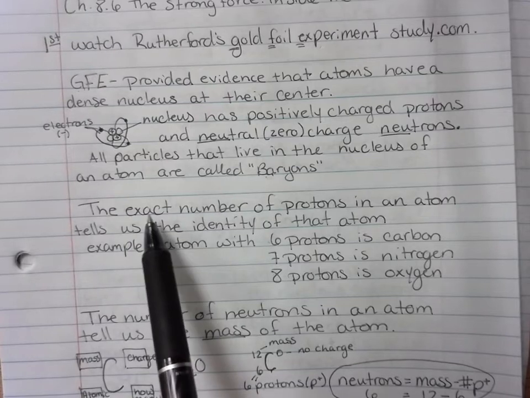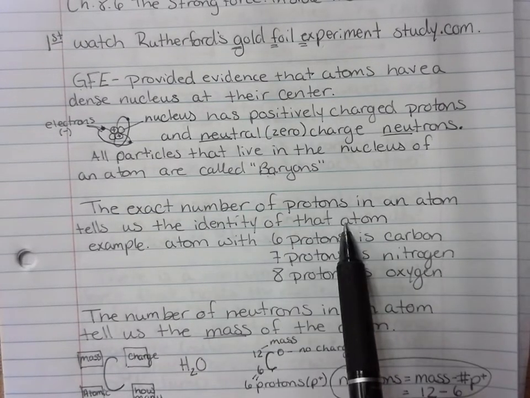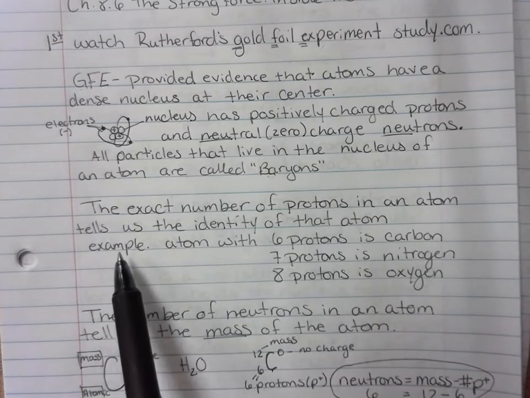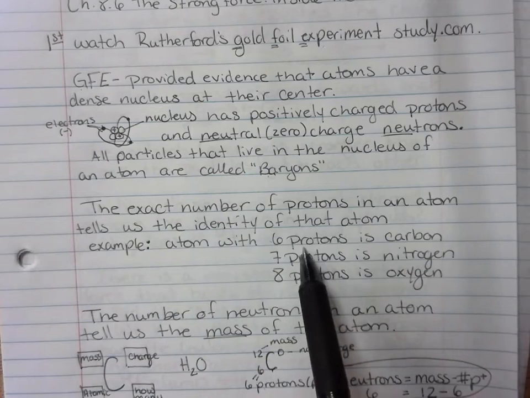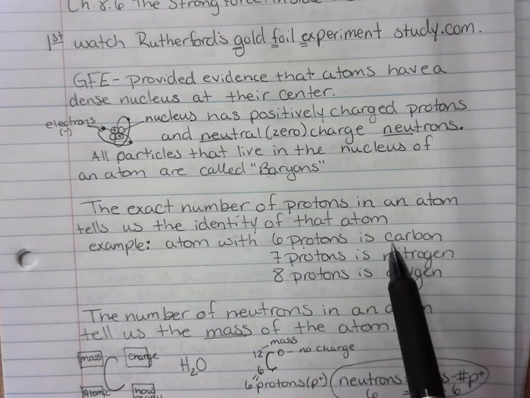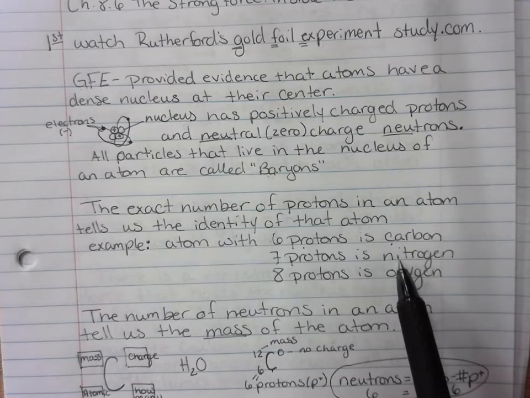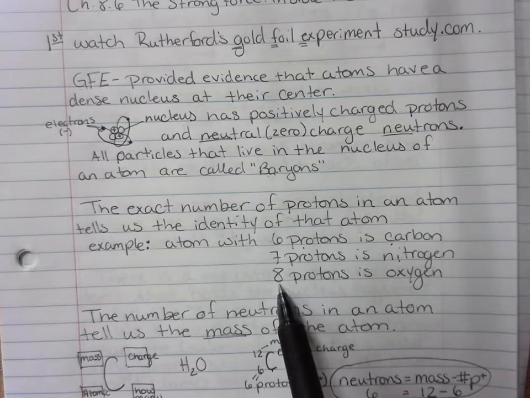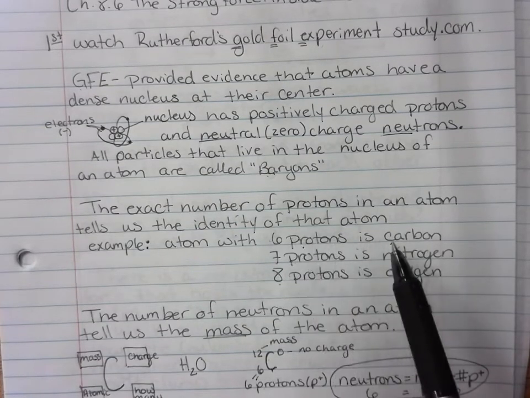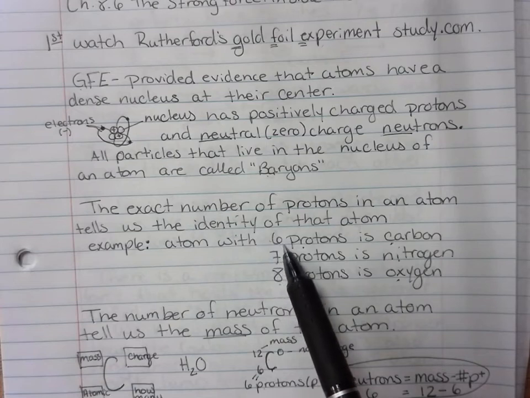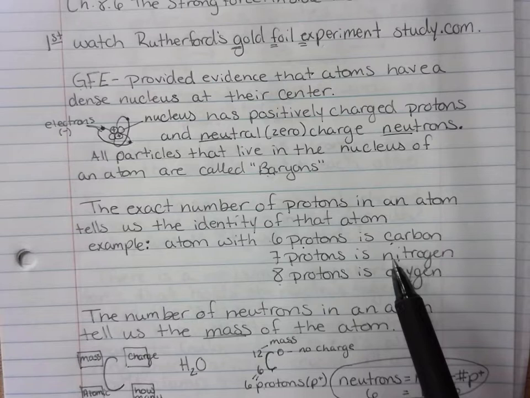So the exact number of protons in an atom tells us the identity of that atom. Hopefully this is review. For example, an atom with 6 protons is going to be carbon. An atom with 7 protons is going to be nitrogen. And an atom with 8 protons is going to be oxygen. So if we take a carbon atom and add another proton to the nucleus, it's no longer carbon, now it's nitrogen.